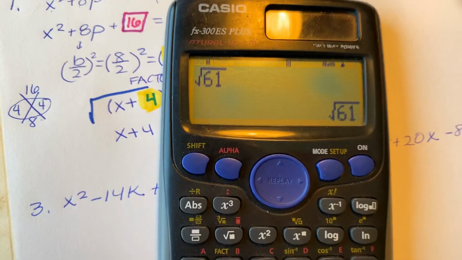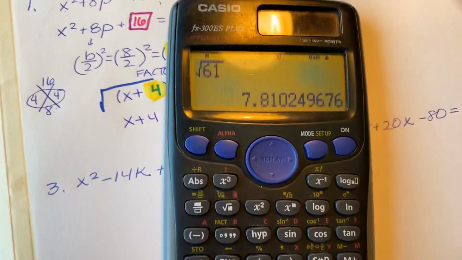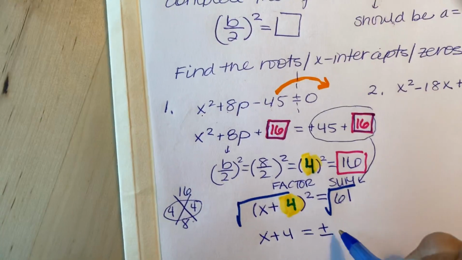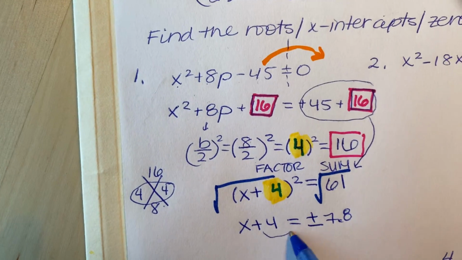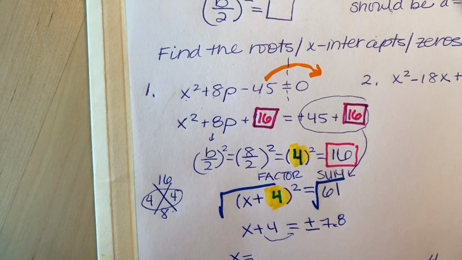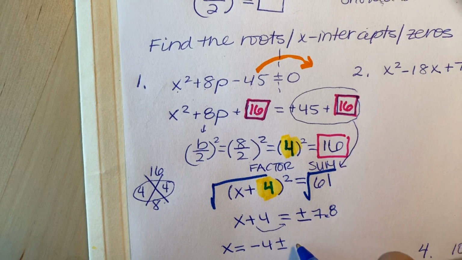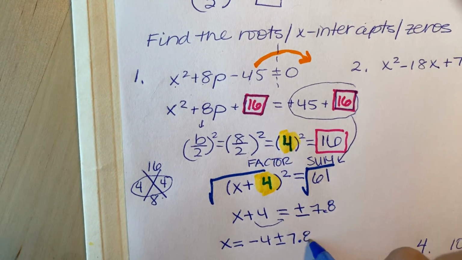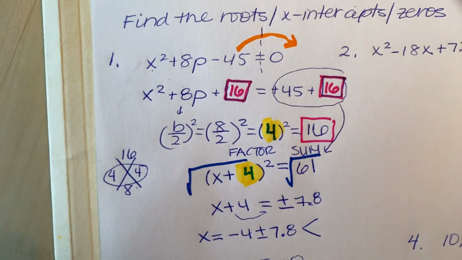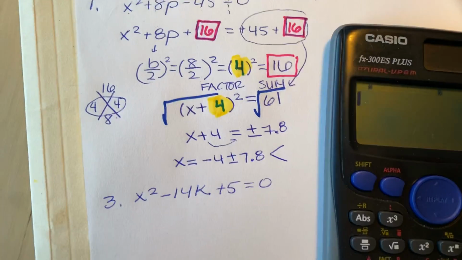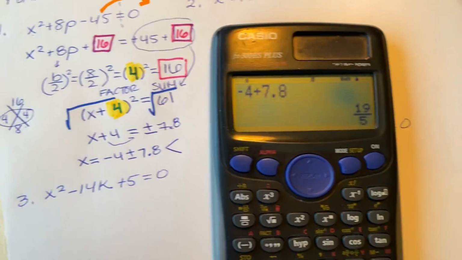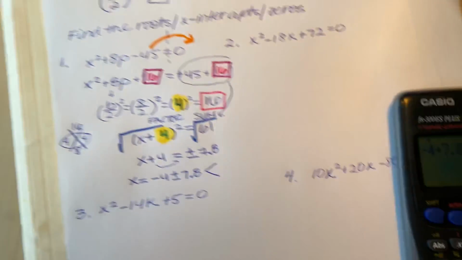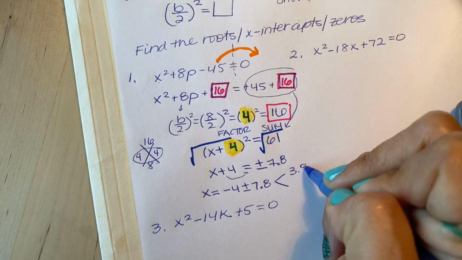I get 7.8. Okay, plus or minus 7.8, 7 and 8 tenths. Inverse operate that -4. I get x is equal to -4 plus or minus 7 and 8 tenths. And so I get -4 plus 7.8 is 3.8 positive.